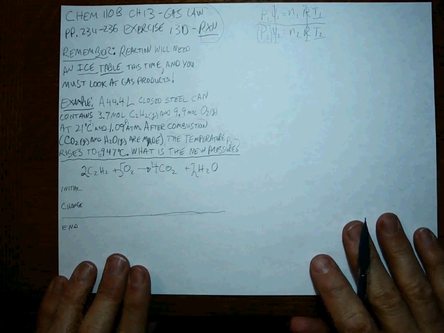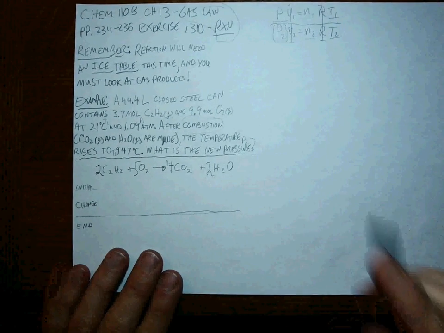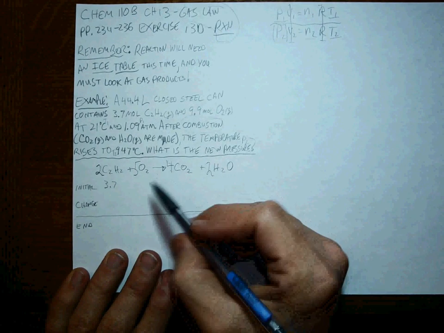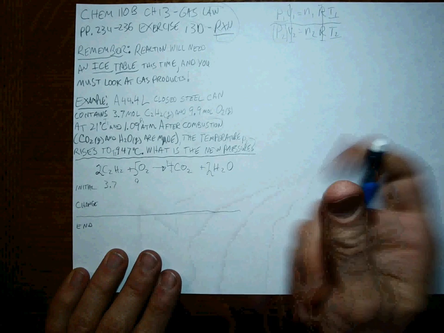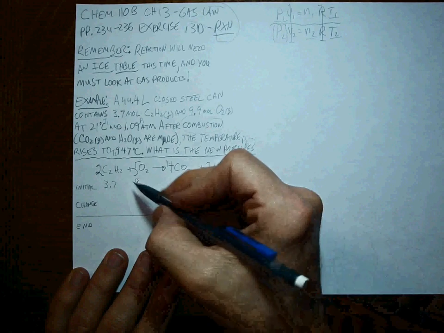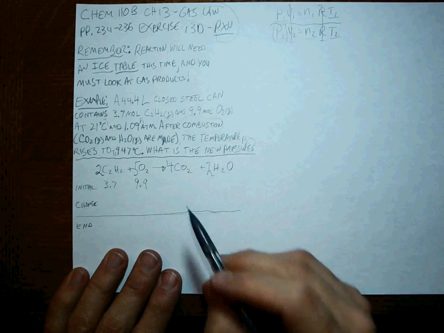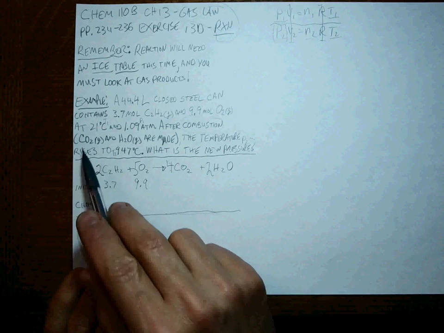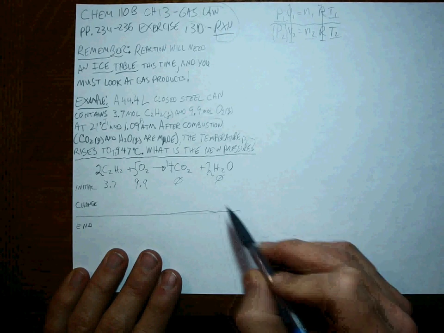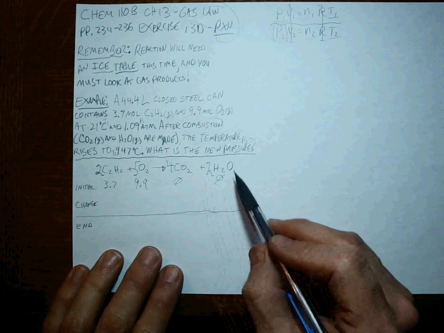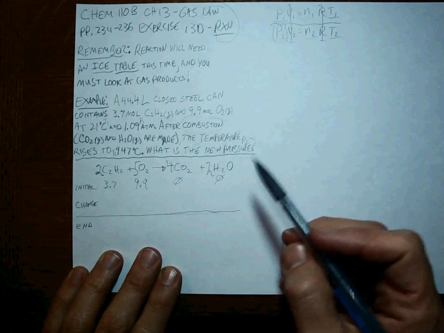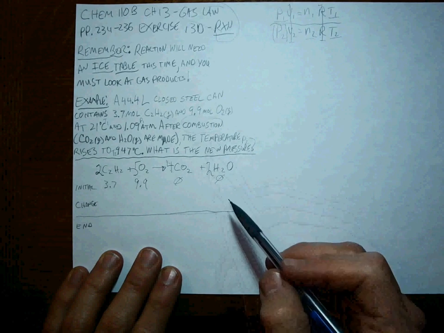Alright. Initial means something, right? Okay. So we started with 3.7 moles of the C2H2, that's acetylene, and 9.9 of the oxygen. And notice that we don't make the CO2 and the H2O until after reaction, which means we start with none. If it said that there was carbon dioxide and water in the gaseous form in the can, we'd have to include those, but it doesn't have any.